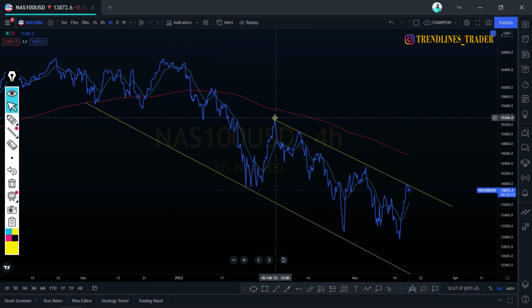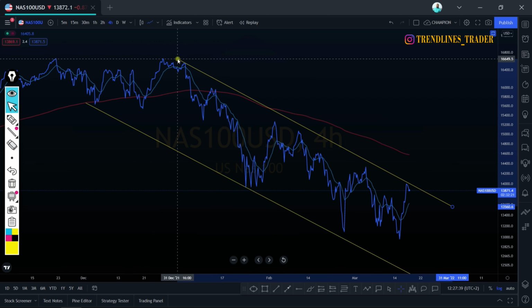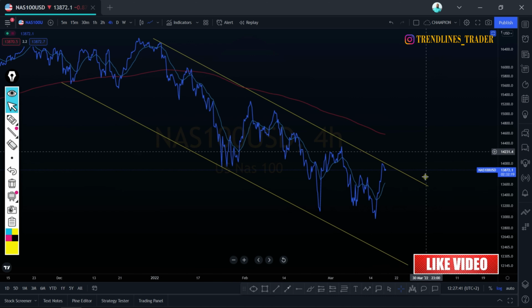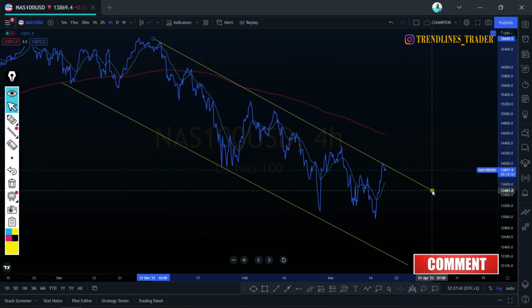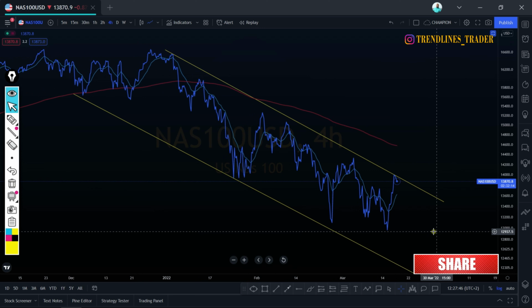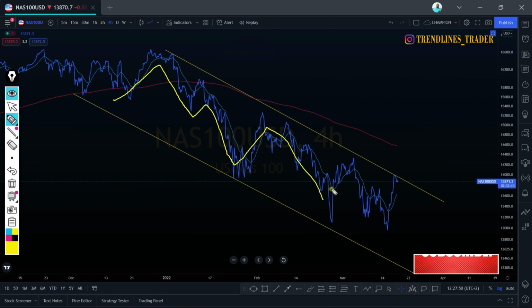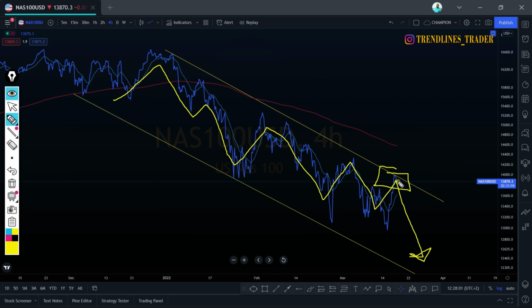So you can see that we are still in this type of bearish chart. You can tell by how our price has been making these moves that we are very bearish. I hope from this touch where the price is at the moment, it's going to give us, or continue with, those bearish movements.